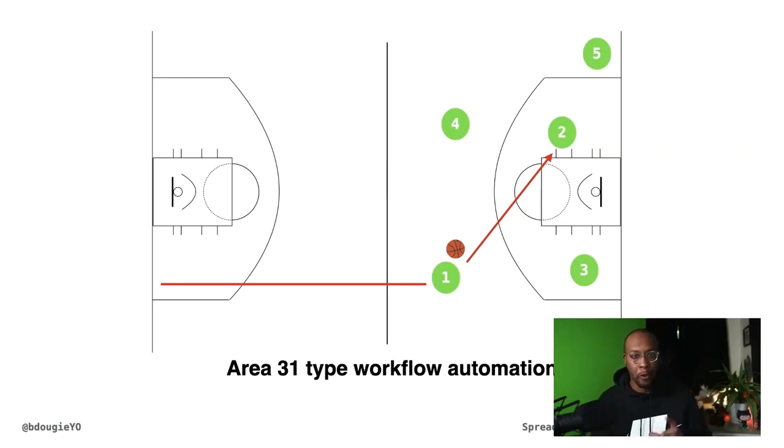The number correlates with the player on the team. So the 2 being our shooting guard, they're in position in area 31 to make that shot. And if they miss, number 3 or number 4 is going to grab the rebound, or number 2 will grab the rebound. Everybody's in a position, everybody's doing their job. And that's what I like about automation: it's not everybody, it's every bot.